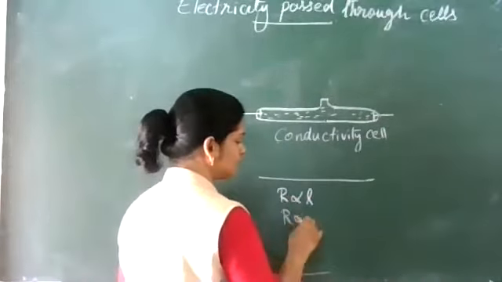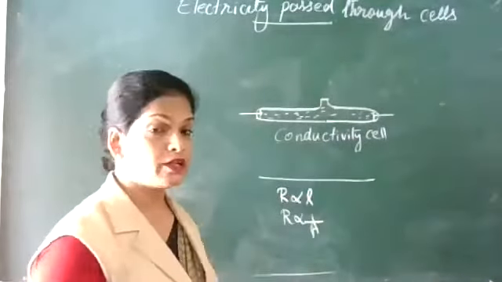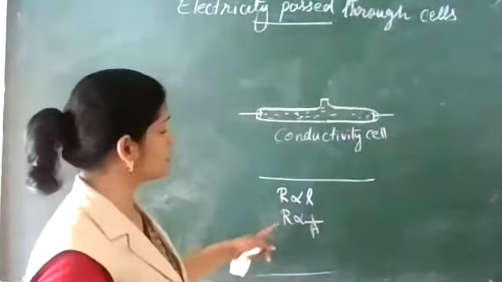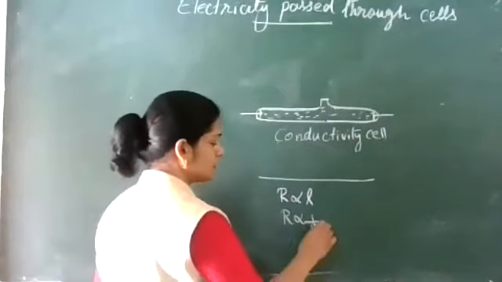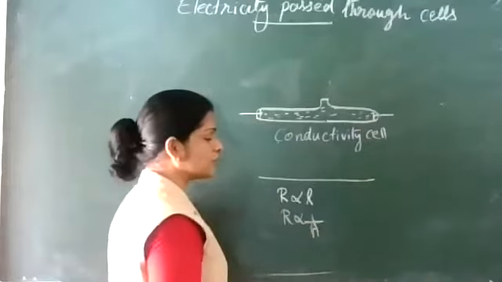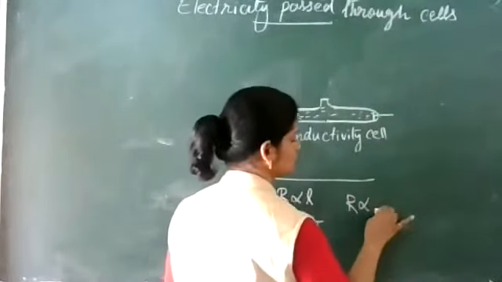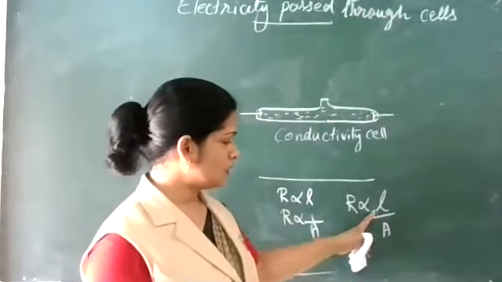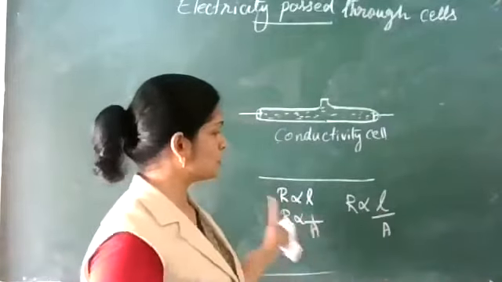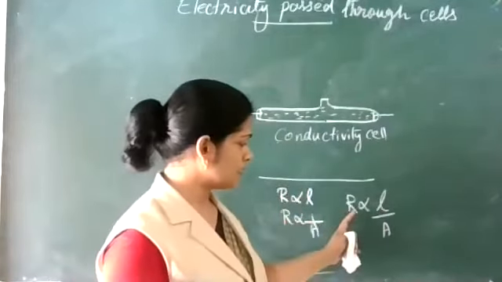And R is inversely proportional to 1/A, the area of cross section. When the area of cross section increases, resistance decreases. So resistance is inversely proportional to area of cross section, or you can write R is proportional to l/A. R is directly proportional to the length and inversely proportional to A.